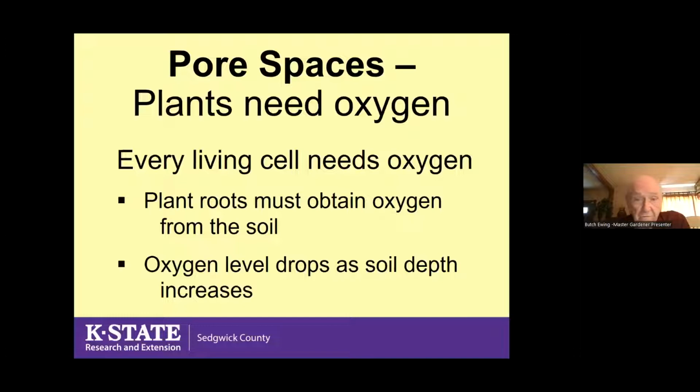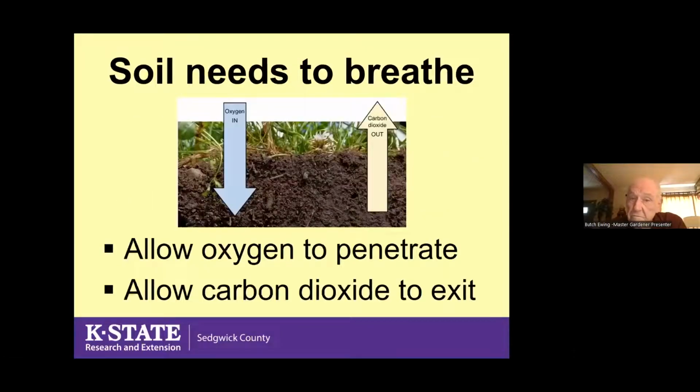Now, as we said before, every living cell needs oxygen. And that means that the plants have to obtain their oxygen from the soil. But the deeper you go in the soil, normally the less oxygen is available. So that soil needs to breathe.